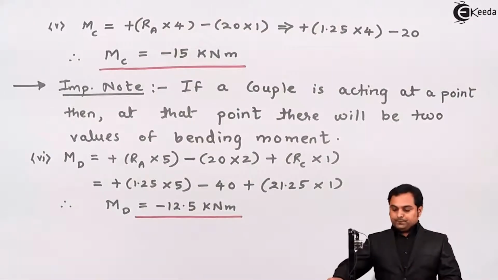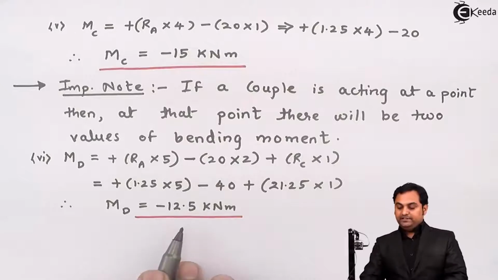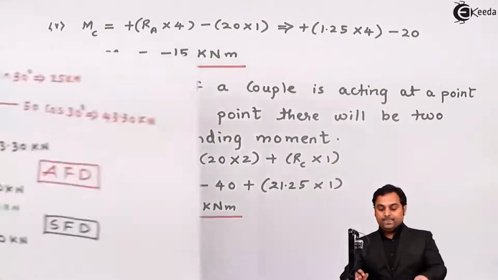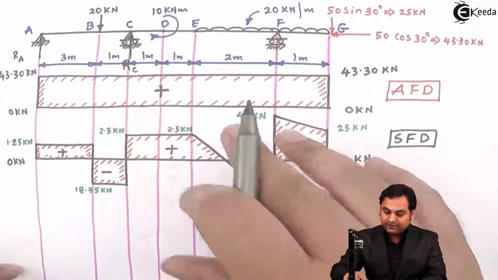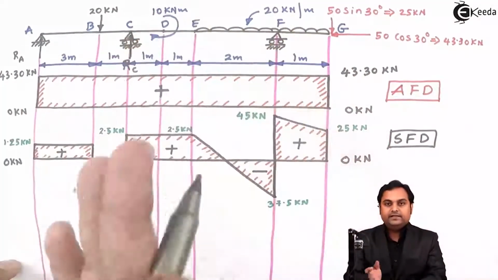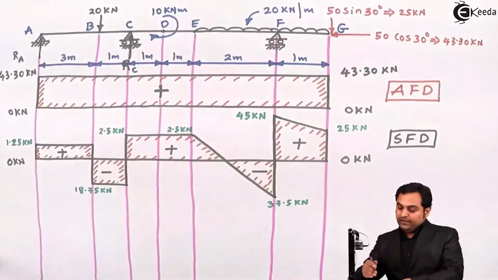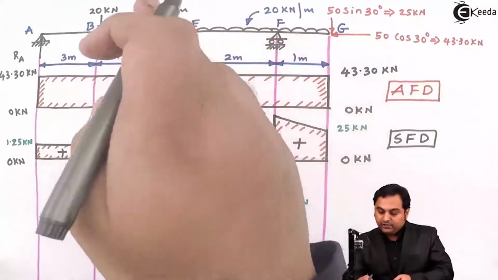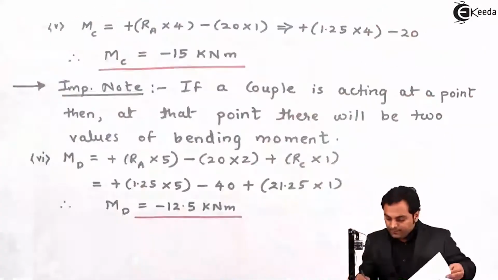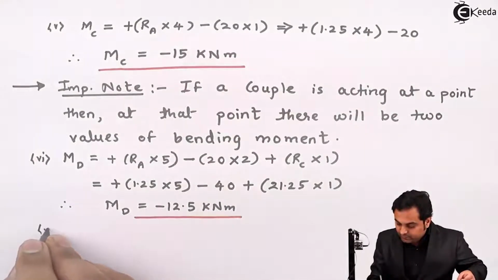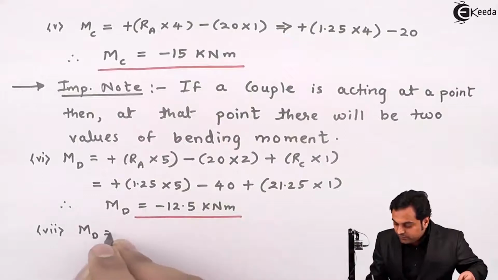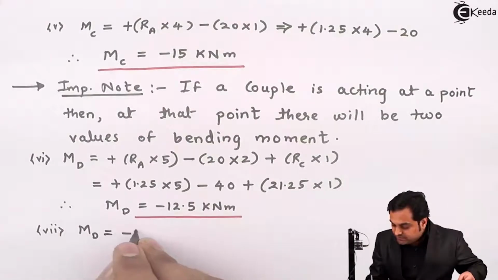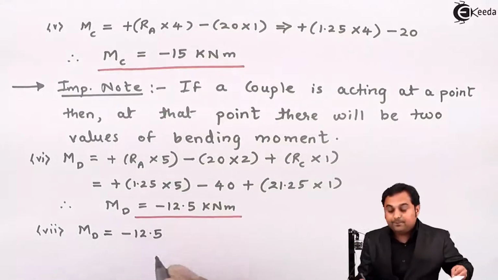So now I have got moment at D by taking the section to the left of D, where I am not considering the couple. Now when I am taking the section to the right of D, this couple will also be there. So the second value of moment at point D will be equal to, up to the left the value is minus 12.5, it will remain same.